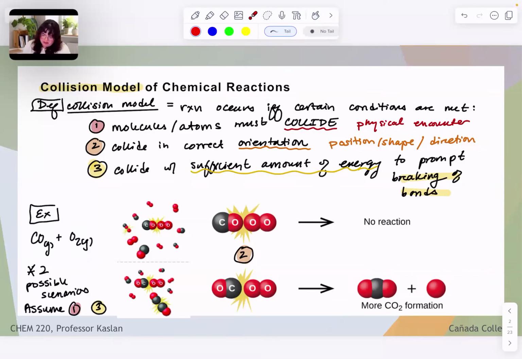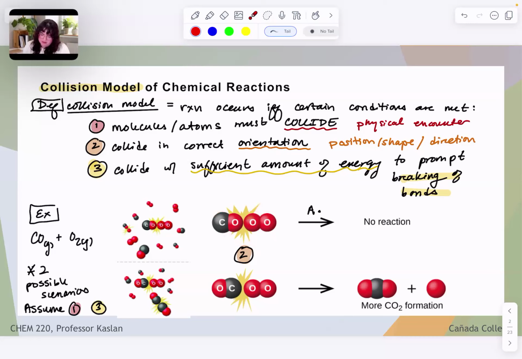So we can look at scenario A, where we have this kind of oxygen to oxygen collision. In this scenario, we've got enough energy to break the bond, right? We are encountering one another in 3D space. However, the alignment of atoms here does not form CO2.